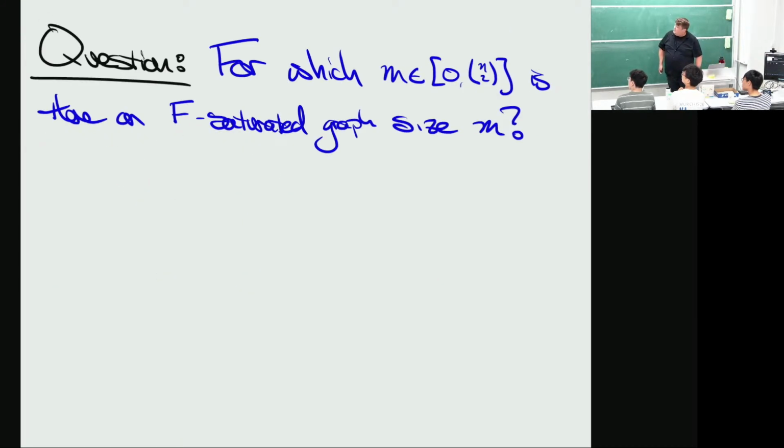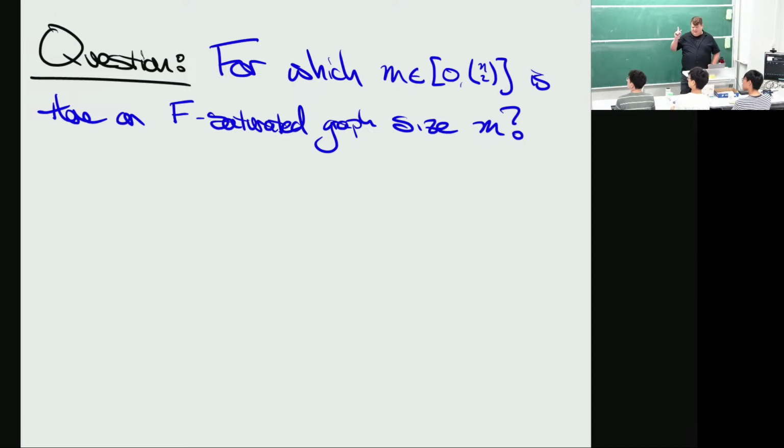Okay. So here's a very general question that is the same as the question on the first slide. Now we've got some language for it. I want to know which edge numbers between 0 and the number of edges in the complete graph are possible in an F-saturated graph of size n.